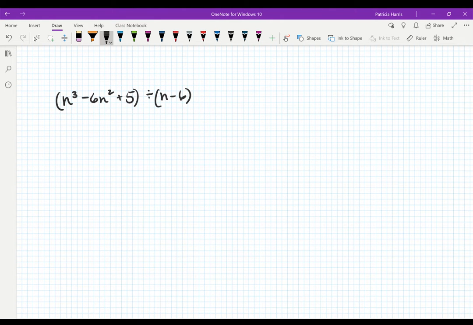All right, here we go. Again, we need a placeholder, so we're missing our linear term yet again. So I'll just pop that in. I'm going to write it as a long division.